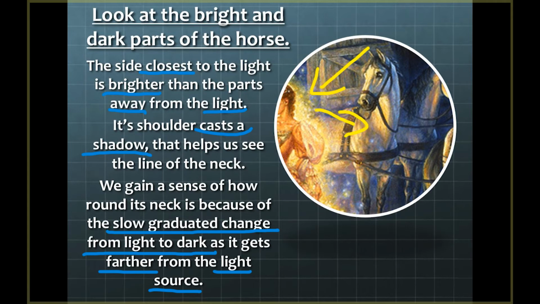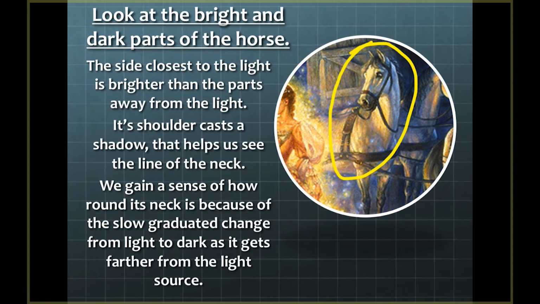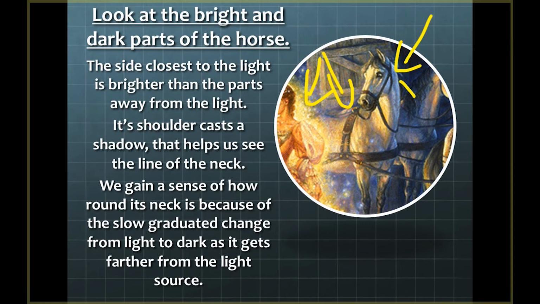The part of our horse that is farther away from our light source is dark. Going back around here, this is what we're looking at. Closer is brighter. Farther away is darker.